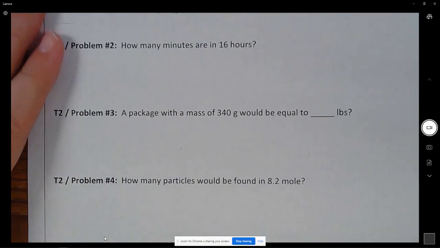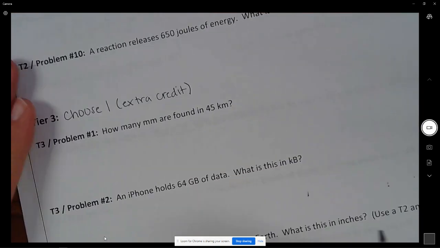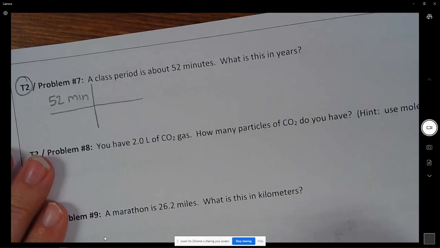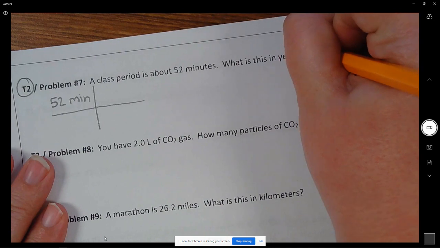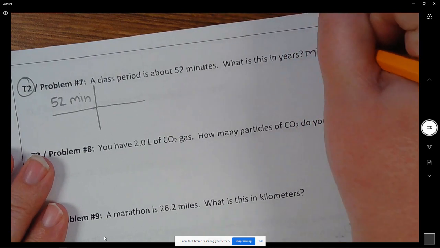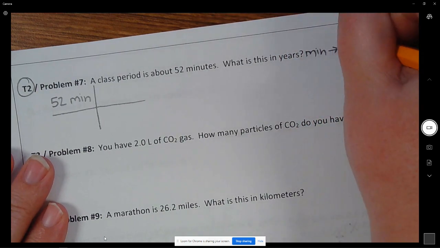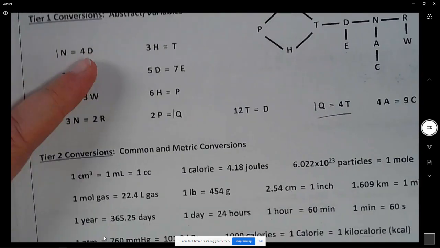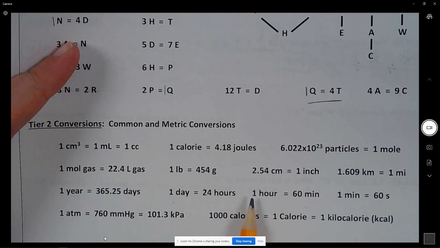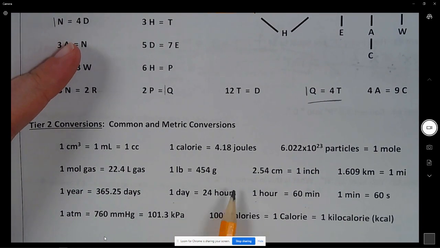So once again, we are going to go ahead and write our process to keep you straight. So we're going to go from minutes to hours, which is still not years. So after we go from minutes to hours, now we can go from hours to days.